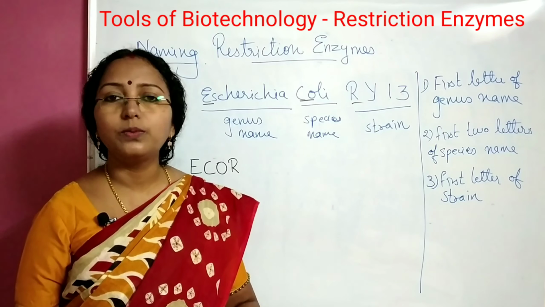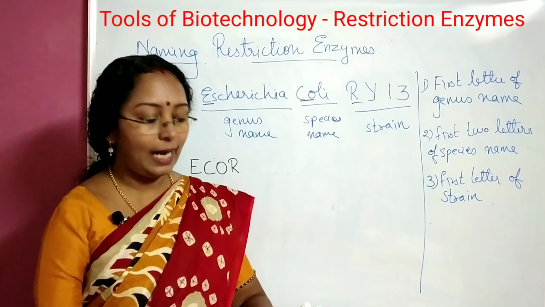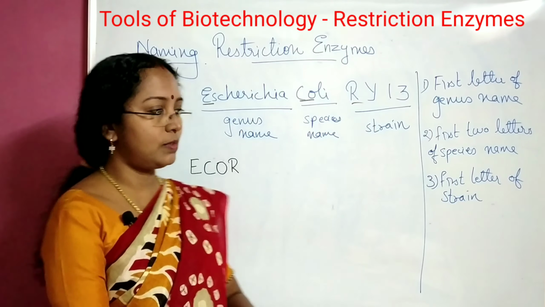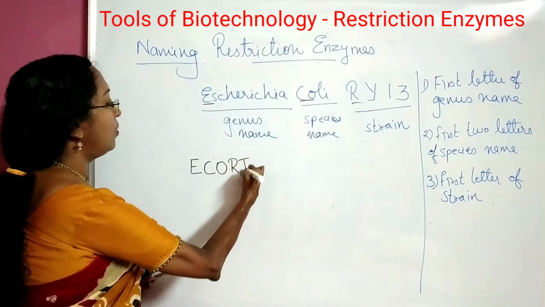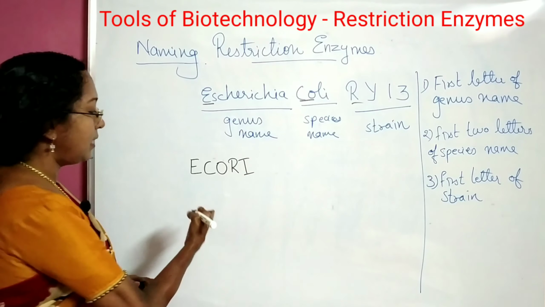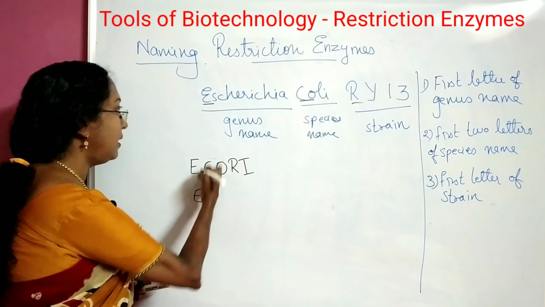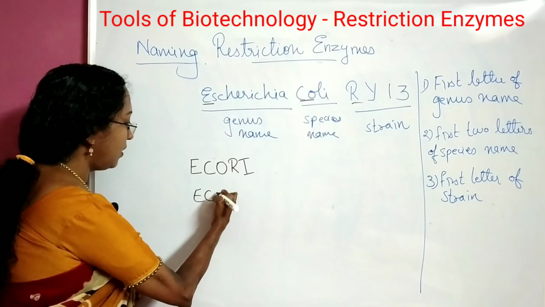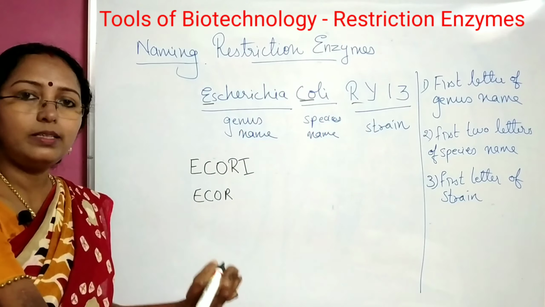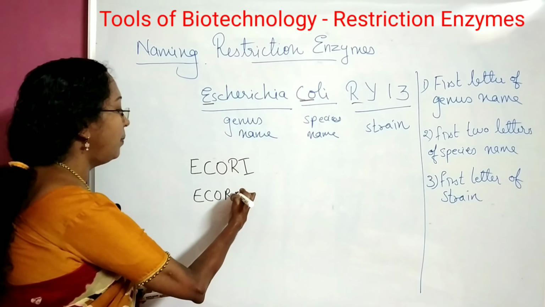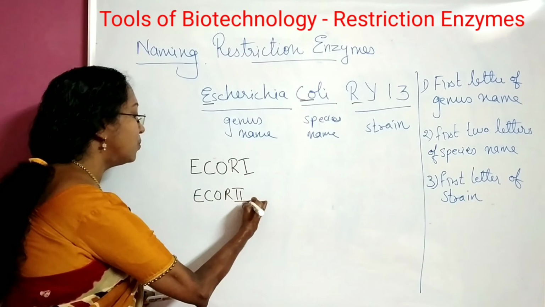So what do I do? I add Roman numbers. The first one that I have isolated, I'll put here EcoR1. The second enzyme I have taken from the same Escherichia coli RY13, but I have isolated it for the second time, so I'll put here EcoR2.